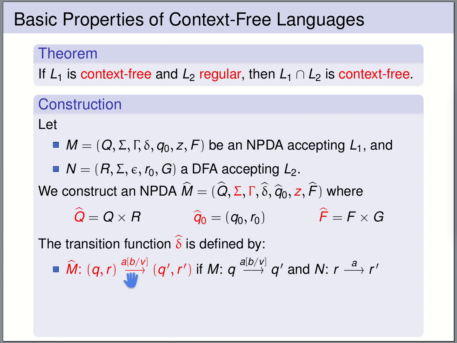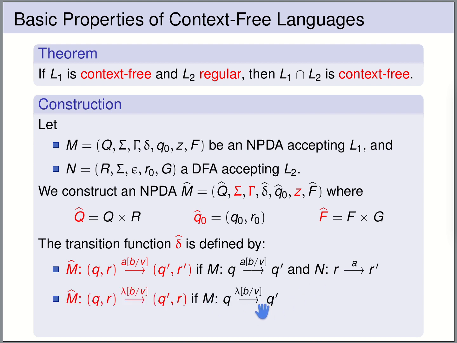Namely, if we are in state R of the DFA and we read input letter A, then we check where the DFA switches to, let's say R prime, then our NPDA M hat also switches to R prime. So in short, M hat does the same as our NPDA M, but in the second entry of the pair, it simulates the DFA.